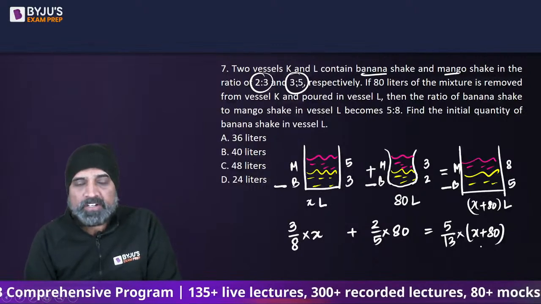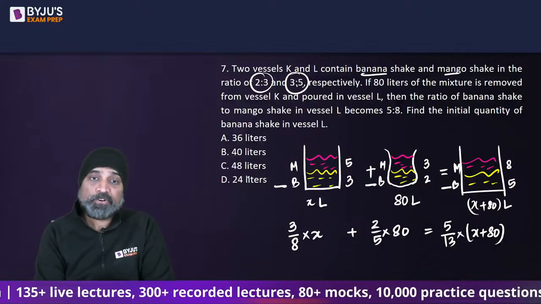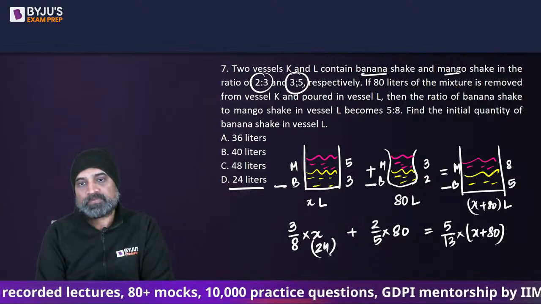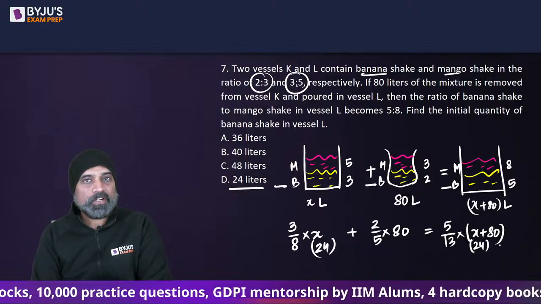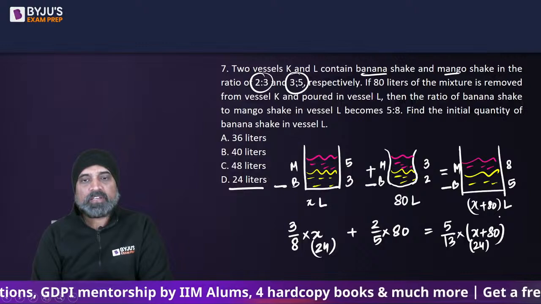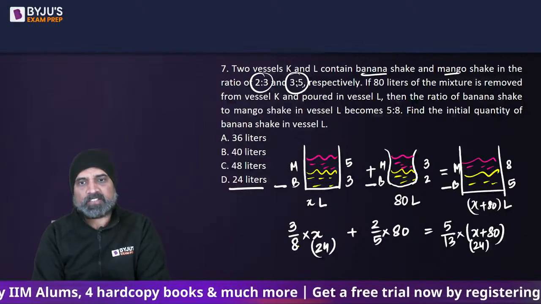What about 104? 104 is divisible by 13. So if I put 24 here, 5/13 of 104 is perfectly divisible, it's 8 times. And if I put 24 here, this is also perfectly divisible. Let's verify once.